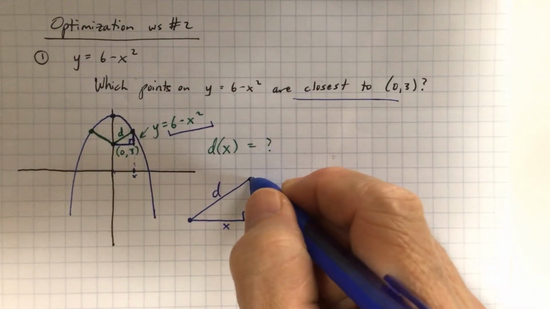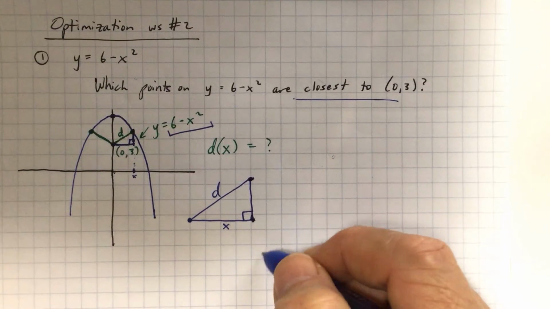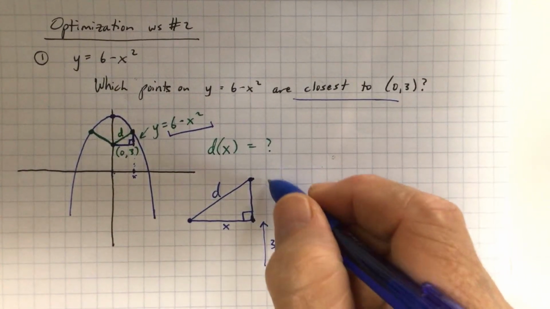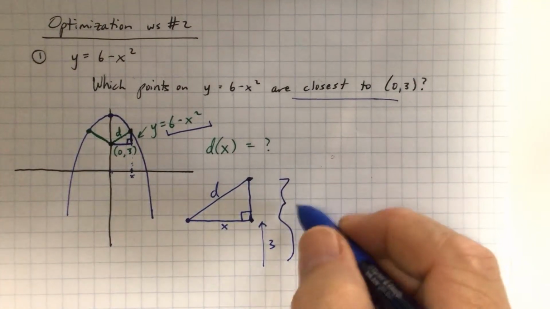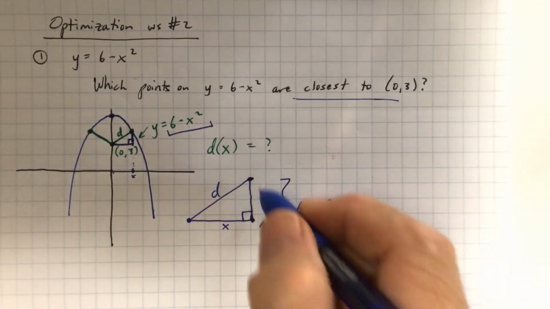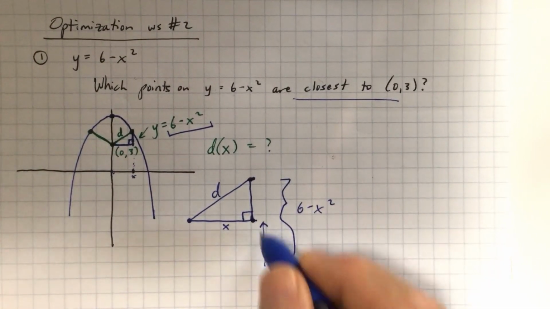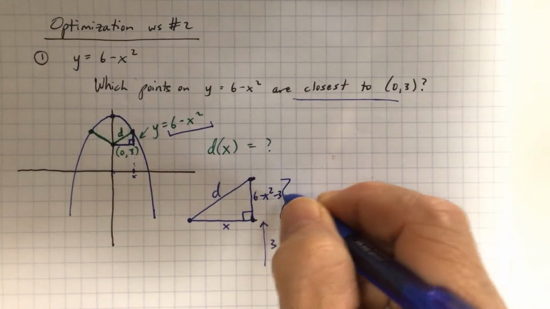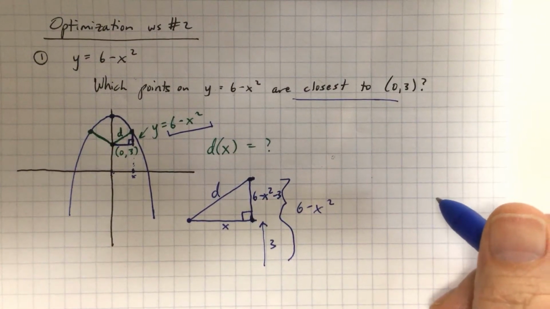Well, from this point to this point here, we know it's up 3, and we know the total distance is 6 minus x squared. Then the distance from here to here would be 6 minus x squared minus 3.